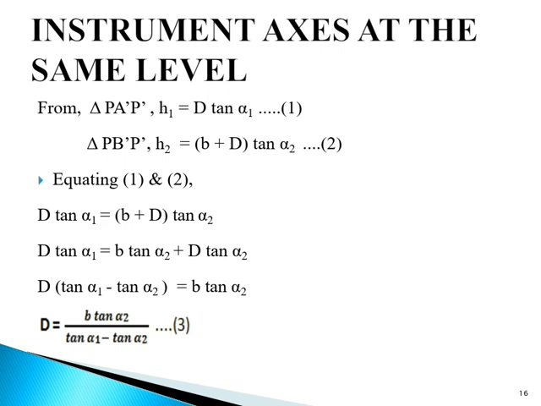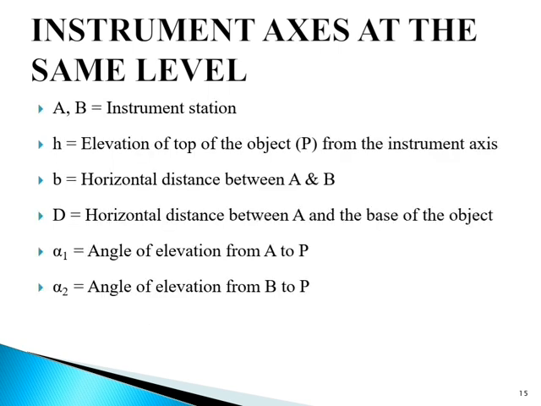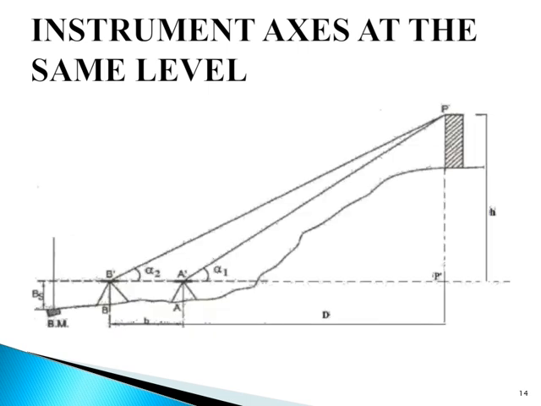So from triangle, which triangle? Triangle P A' P', h1 is equal to D tan alpha 1, which is equation 1. So the triangle we are taking is P A' P'.